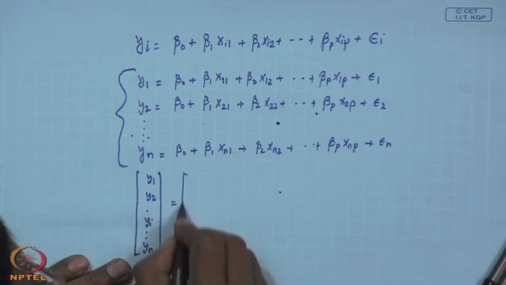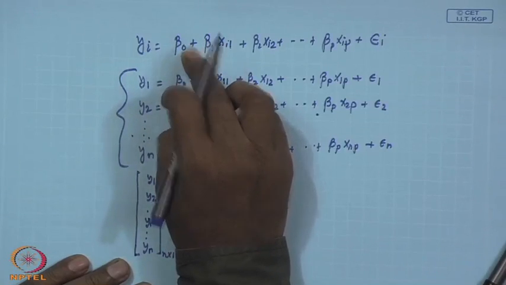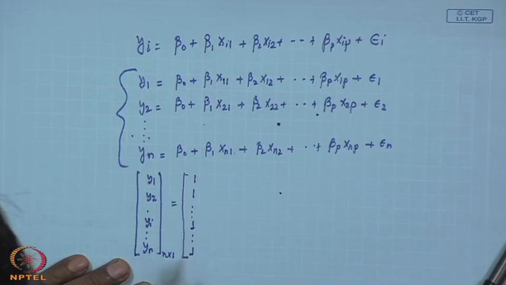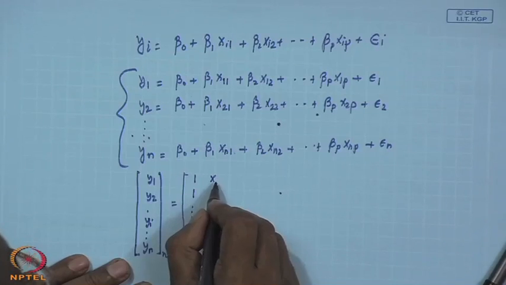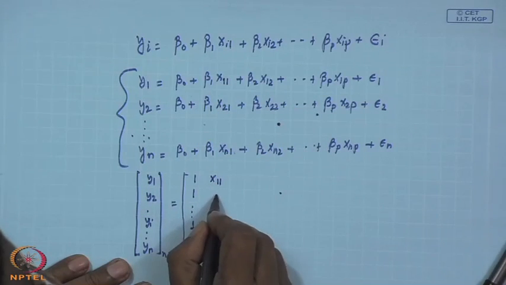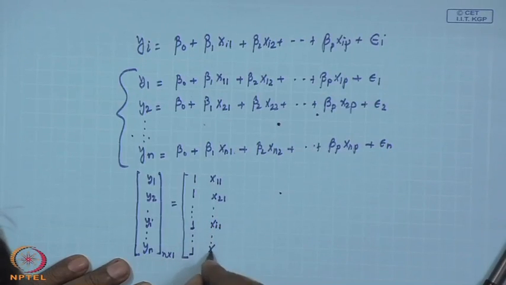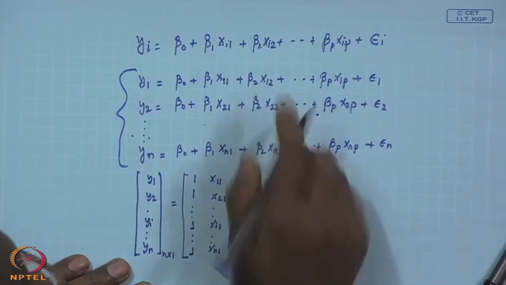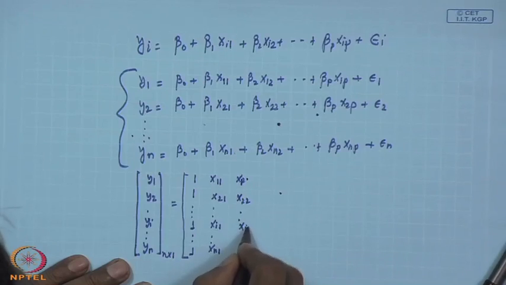I can write this equal to, for beta 0 there is only 1, that is x0. So, 1, 1, 1. For beta 1: x11, x21, xi1, xn1. For beta 2: x12, x22, xi2, xn2.